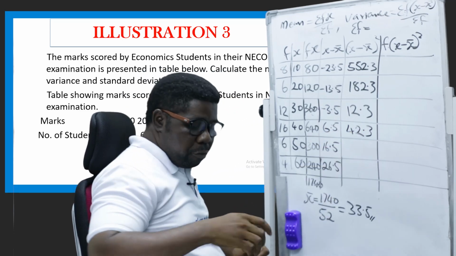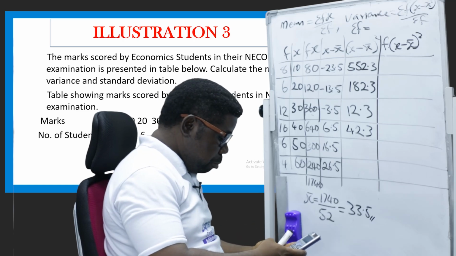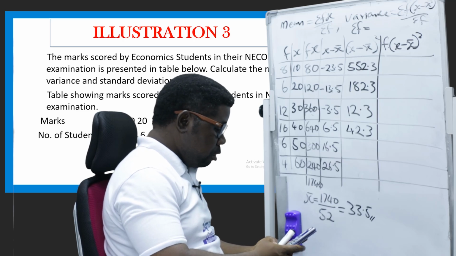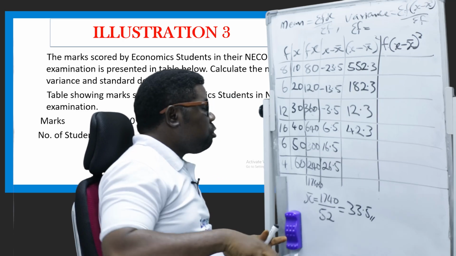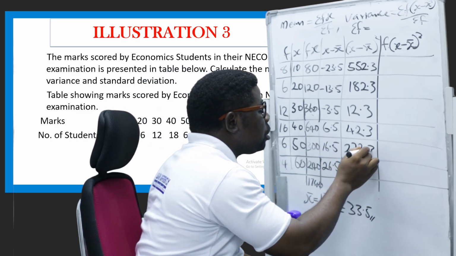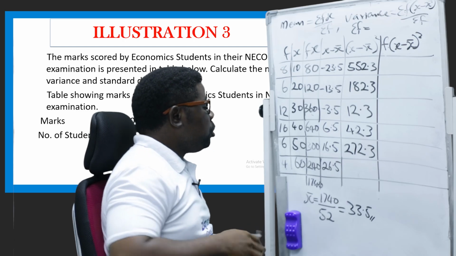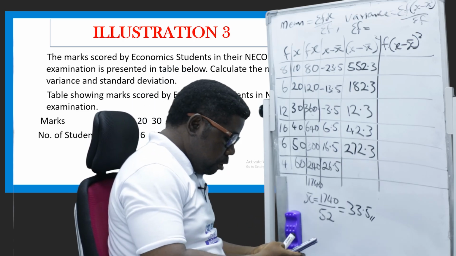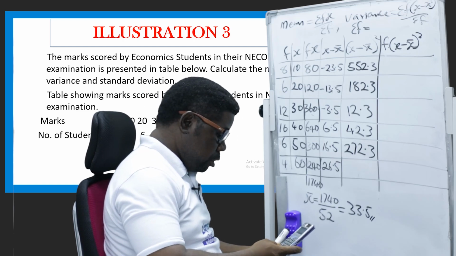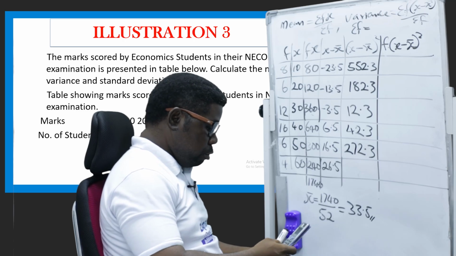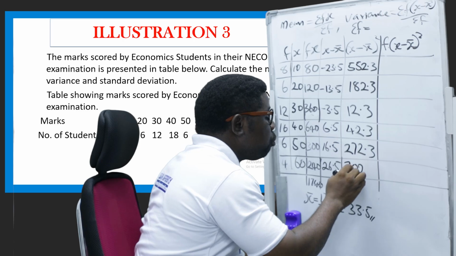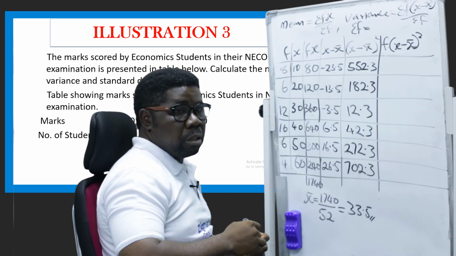You have 16.5 multiplied by 16.5, which is equal to 272.3. 26.5 times 26.5 is equal to 702.3.